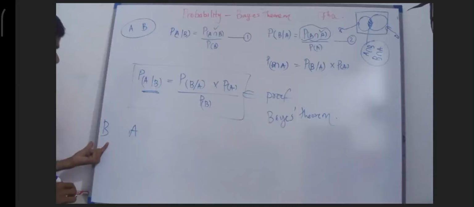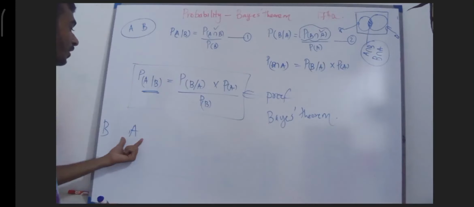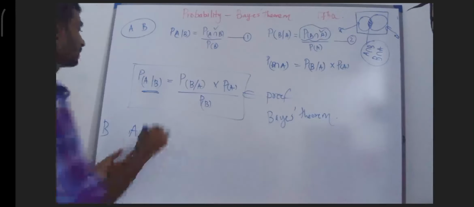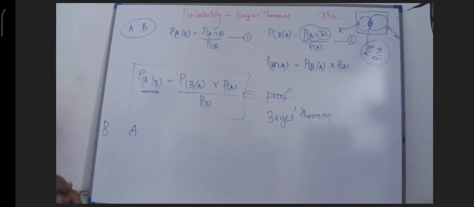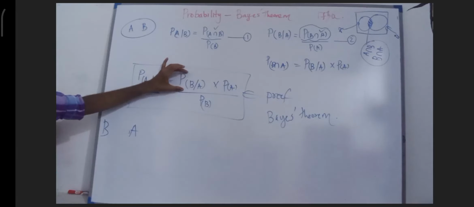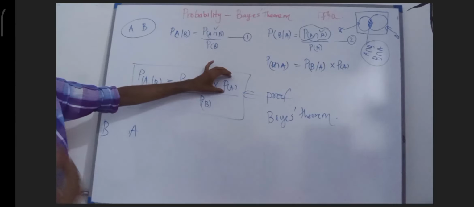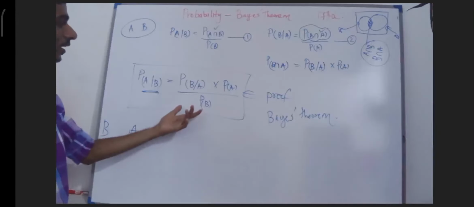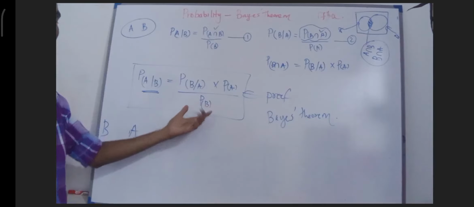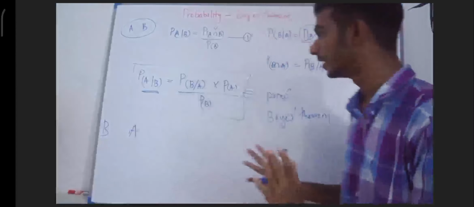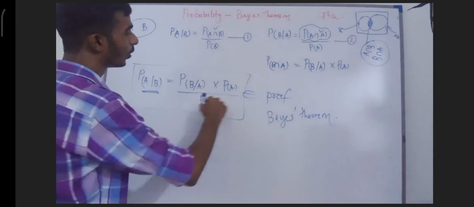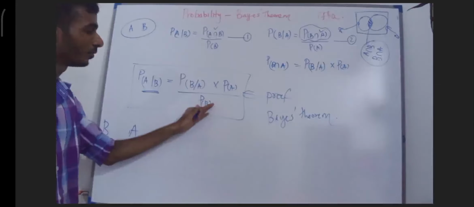So B has already occurred and we have to find the probability of A occurring. We have names for these terms: this is called the posterior, this is called the likelihood, this is called the prior, and this is called the marginalizer. We have several terms for this, but that is not necessary for you. These come from total probability. You know what total probability is, right?